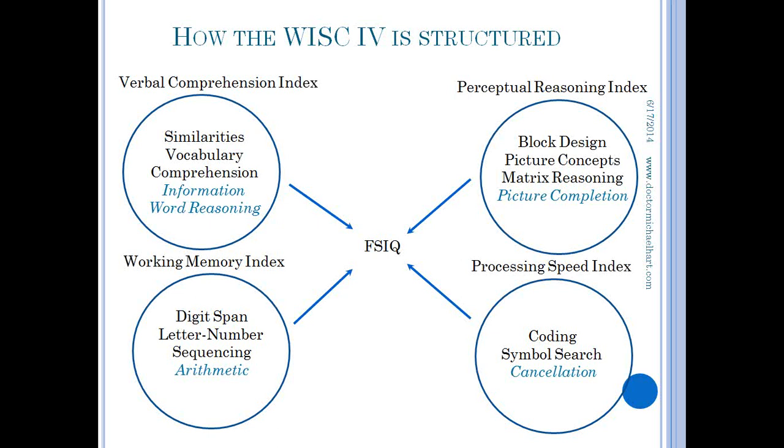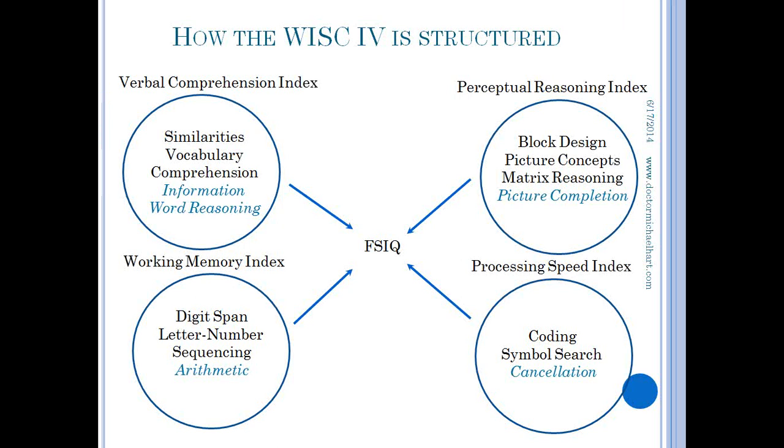Historically, when they first built this test several decades ago, there were basically 2 indices: verbal reasoning and what they called nonverbal reasoning, which is now the perceptual reasoning index.